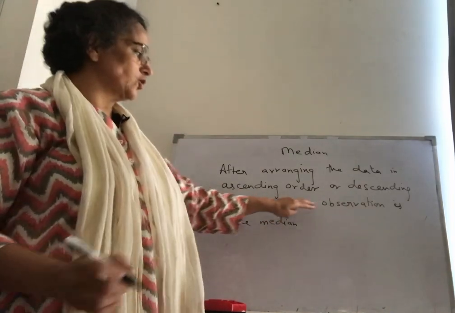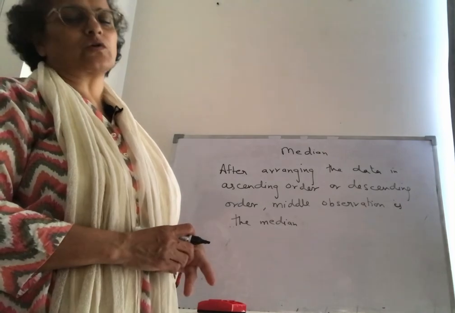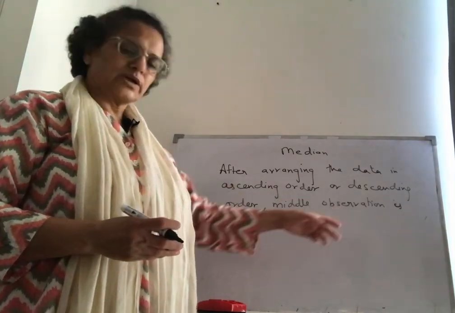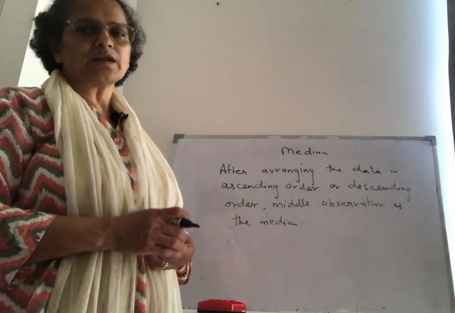This can be the middle observation in case the number of observations is odd. This will be a middle value if the number of observations is even.